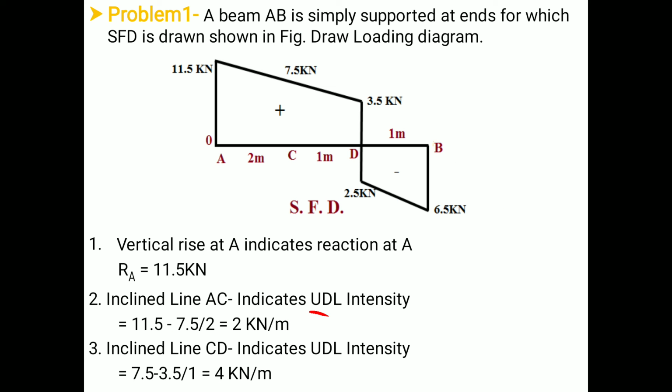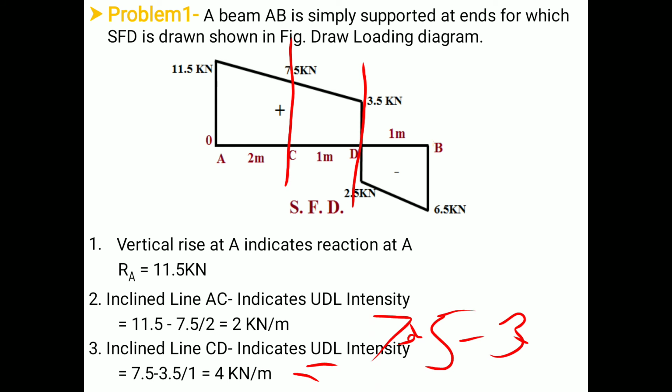Next, again we have an inclined line between C to D. As there is an inclined line between C to D, it indicates that again you will observe an intensity of UDL in the loading diagram. How to find out the intensity of UDL? Again, the difference in shear force, 7.5 minus 3.5, divided by the span between C to D, which is 1 meter.